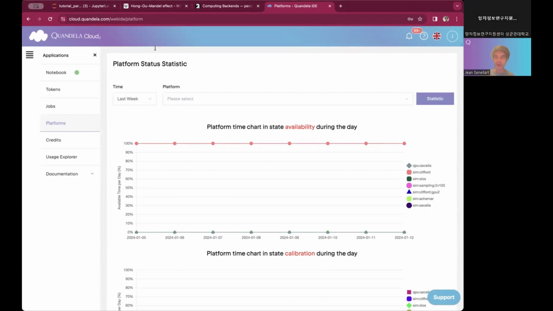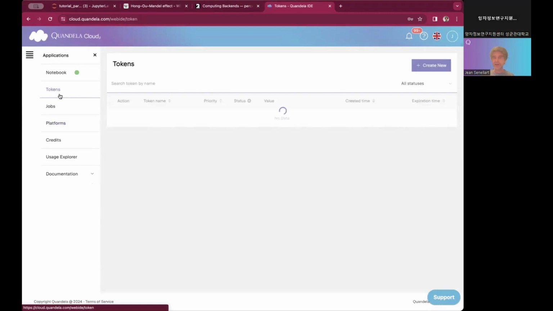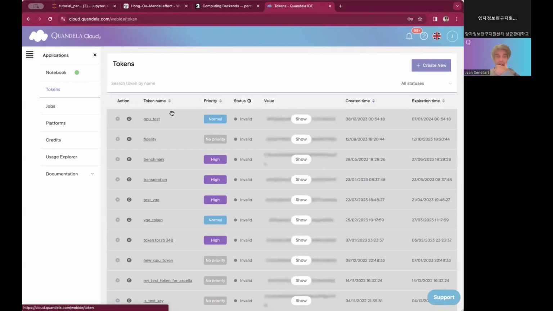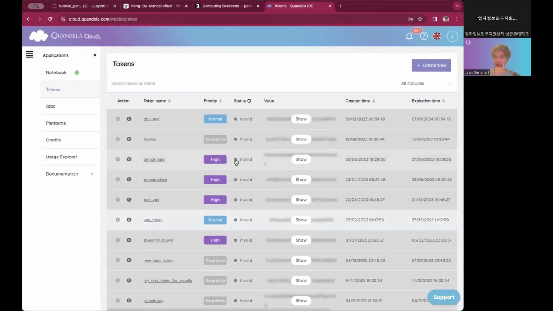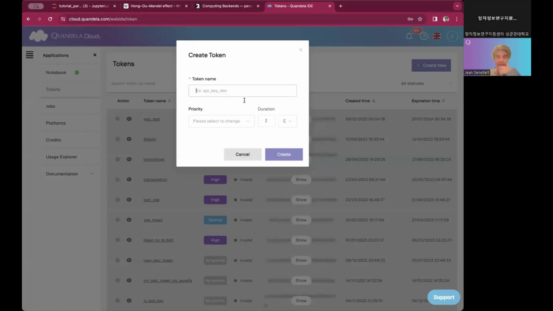Then you see all the backends that you can use here. This is your environment, where there are two parts you need to look at closely. The first is the token part. I have a lot of old tokens. You should create a token on your side.